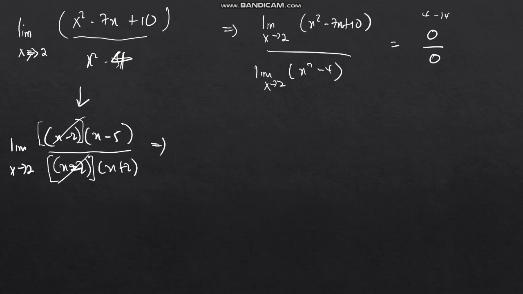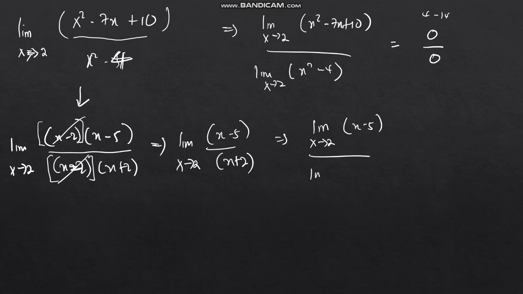Then this limit will now leave the limit as x approaches 2 of x minus 5 over x plus 2. You can now take your limit of x minus 5 all over the limit of x plus 2.